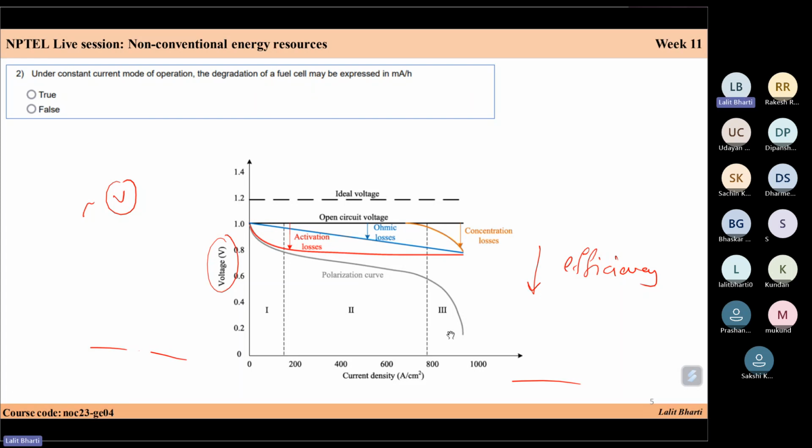So the question says under constant current mode. So you need a constant current mode. The degradation of a fuel cell may be expressed as milliamp per hour.